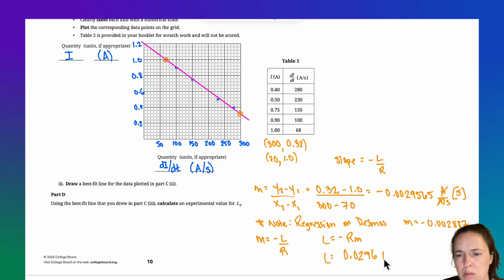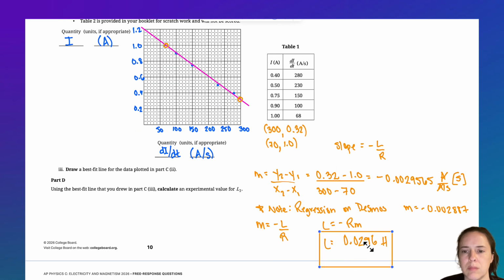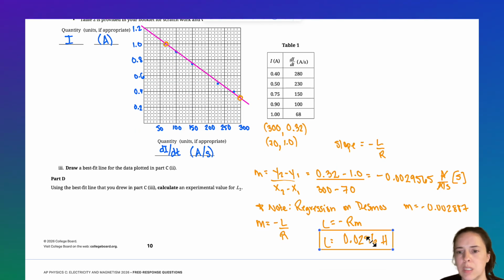Henries. That should be Henries. Or 0.02887. Since slope was in seconds and resistor is in ohms, ohm-seconds is a Henry. Yay, we did it. Go team go. Or you could say 29.6 millihenries would also be fine. Cool. The end.